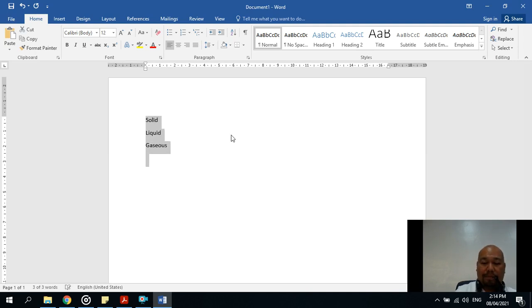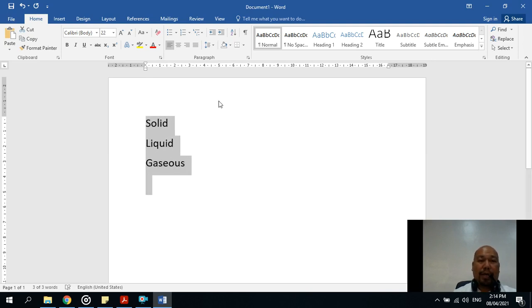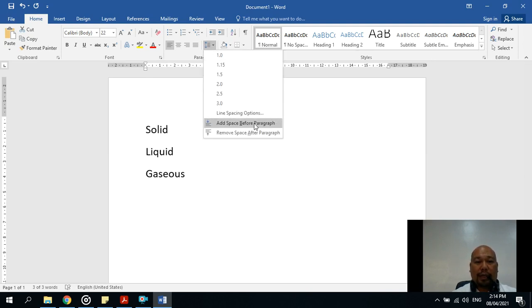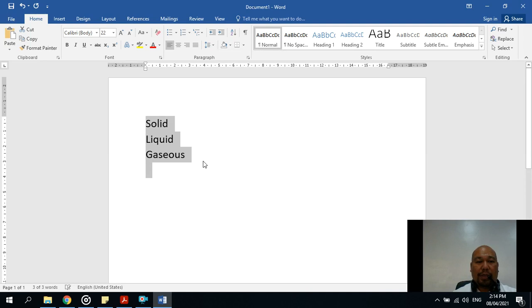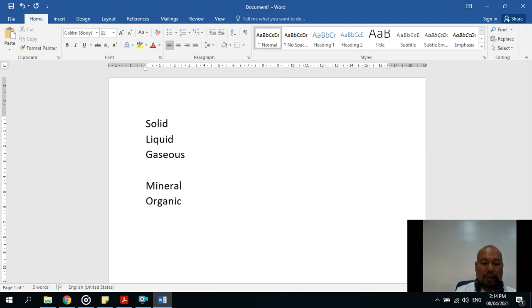And then its components: we have the mineral matter, organic matter, soil air, and soil water.